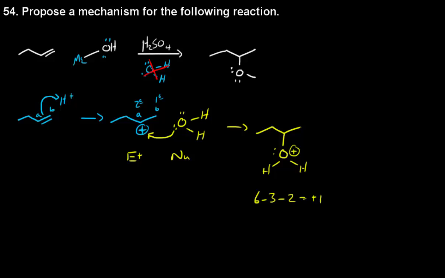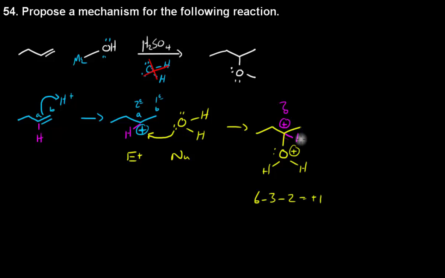The question then is, how about this carbon? Does it have a positive charge on it? So the question will be answered whether or not we have a hydrogen attached right here. So let's look back. So starting off, carbon A had a hydrogen. As soon as these electrons attacked the hydrogen, we added the hydrogen to carbon B, and so that means carbon A still has that original hydrogen.